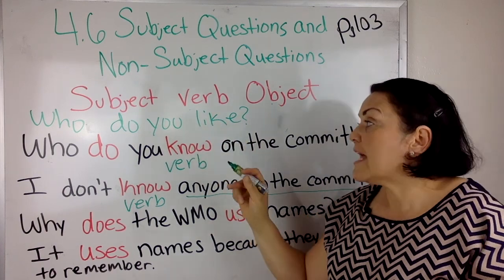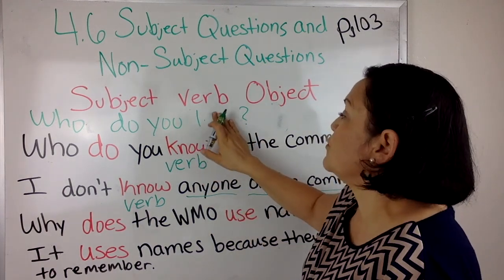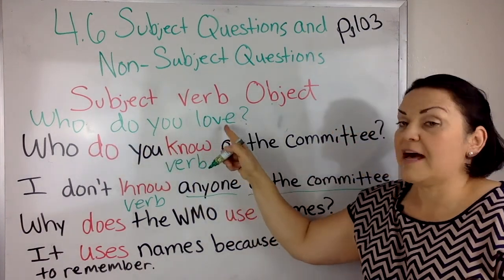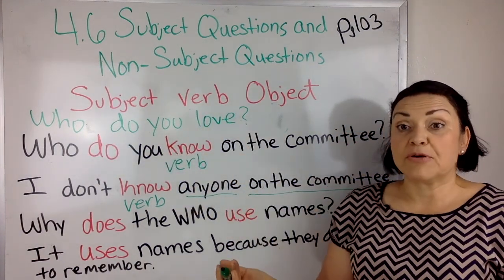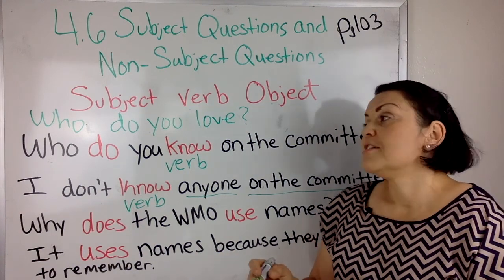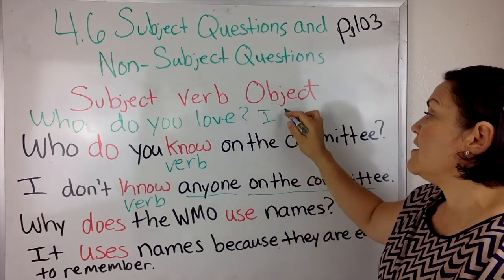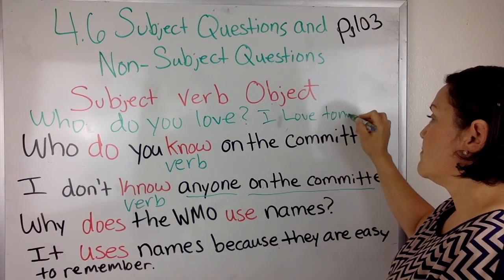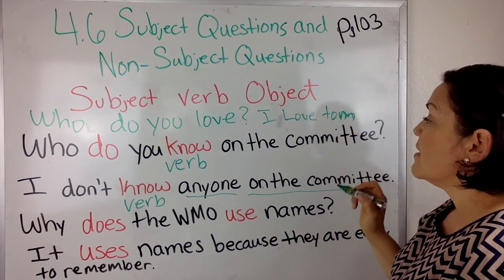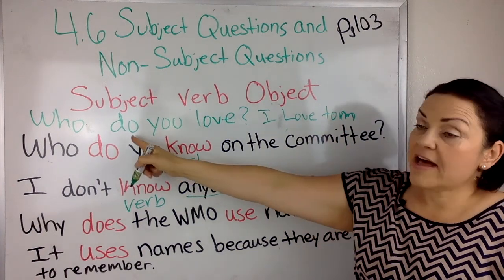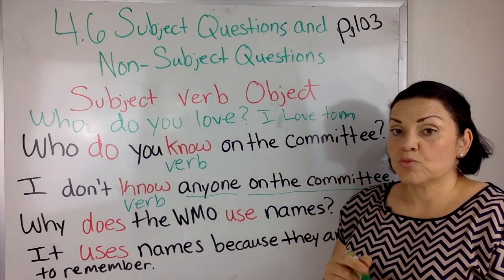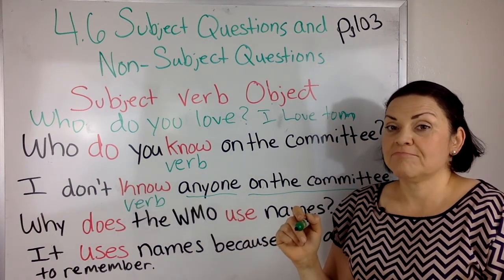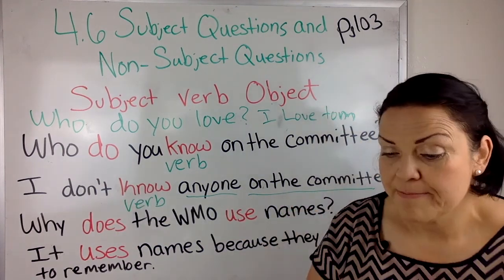Who do you love? I want to know who and love. I want to know that person, right? So you can say, I love Tom. Now, it doesn't always have the answer do, but a lot of times it will say, I do. Okay?